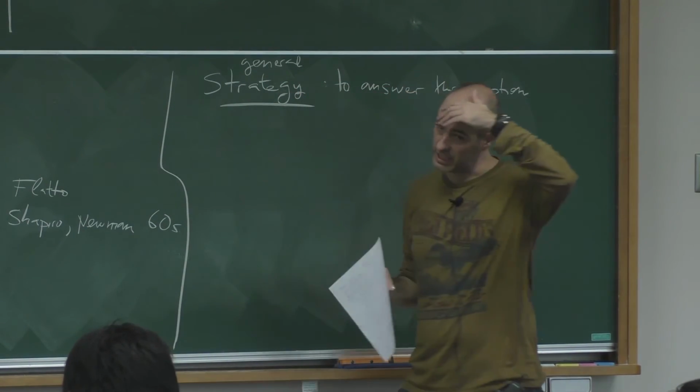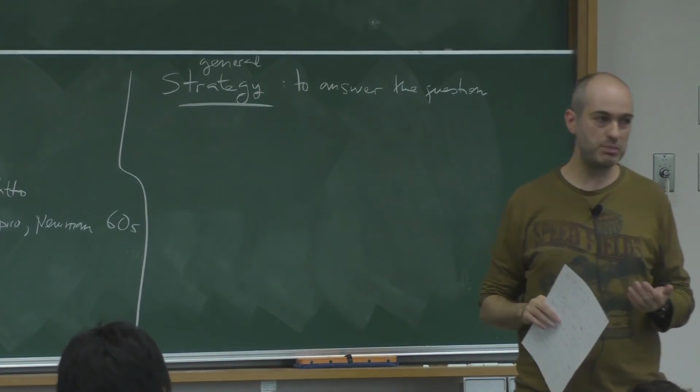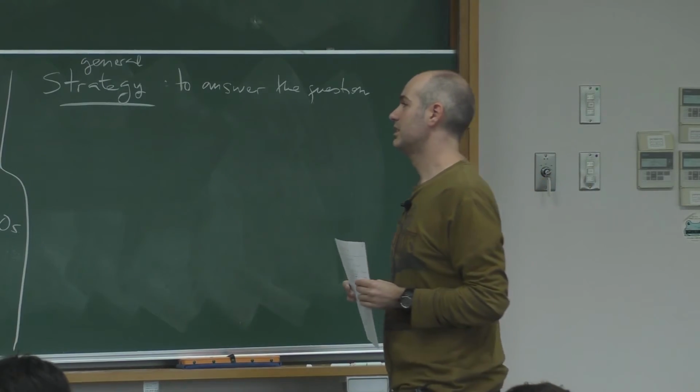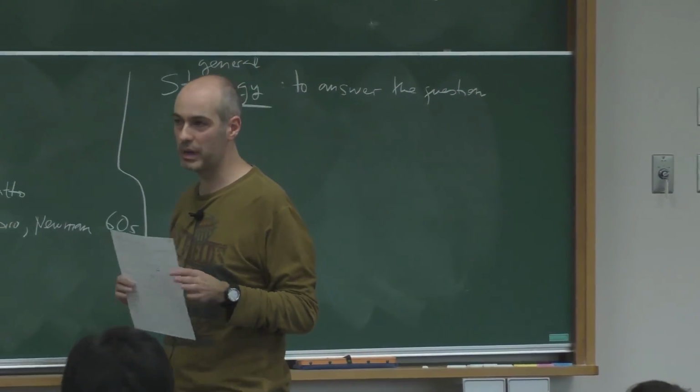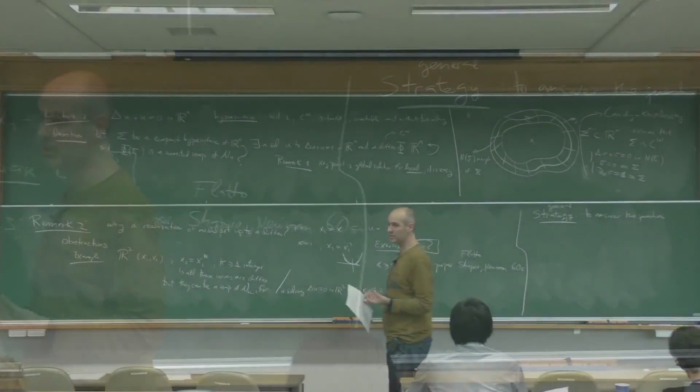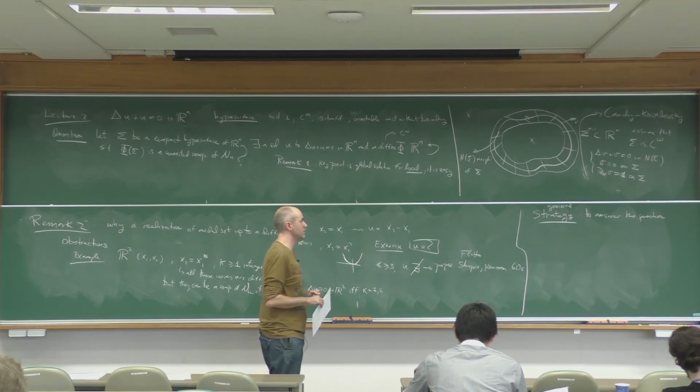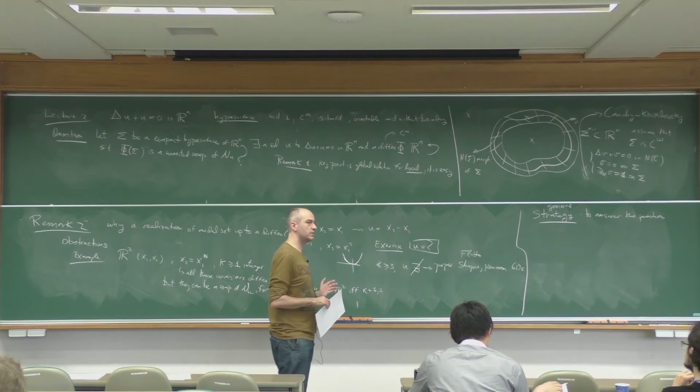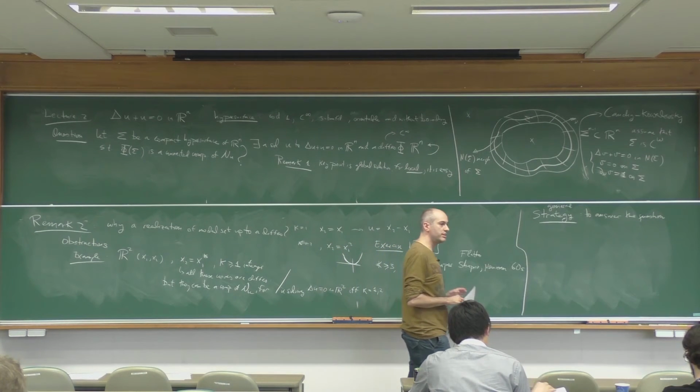Actually, this is quite general. It works for many PDEs, not only the Helmholtz. The main property of the PDE is that it must be elliptic or parabolic. It doesn't matter. It must be linear.